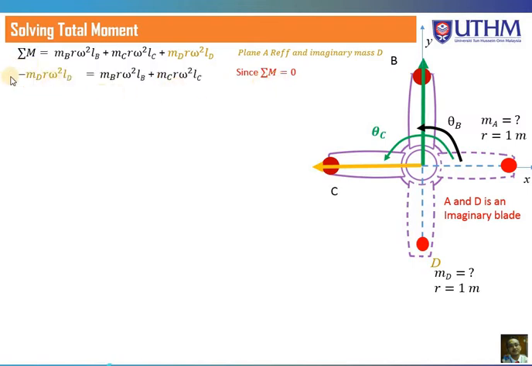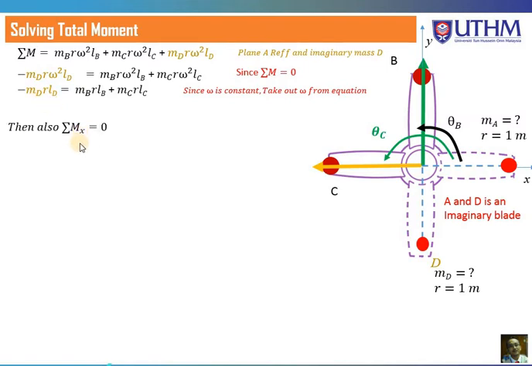We arrange back the equation, it becomes something like this. Since W is constant, we take W out of the equation to simplify it, so you are only left with MRL. Then to solve the equation, you need to break it into the component of moment at the x-axis and the moment at the y-axis.